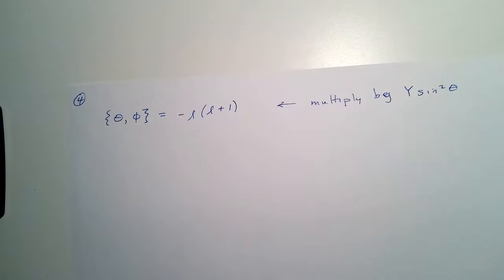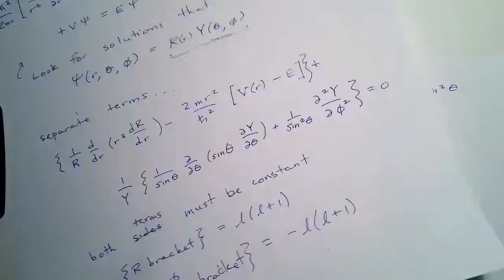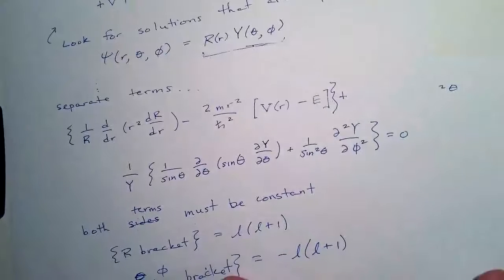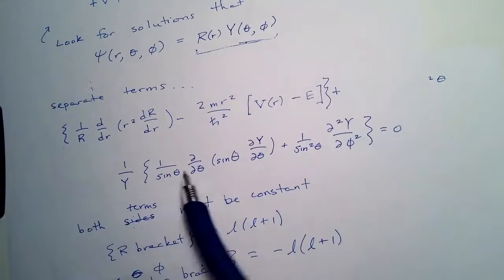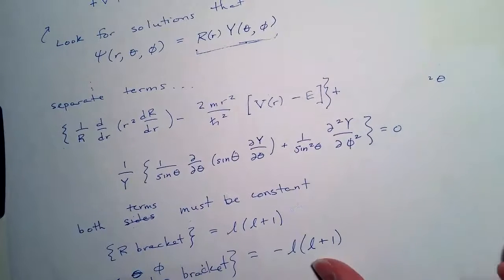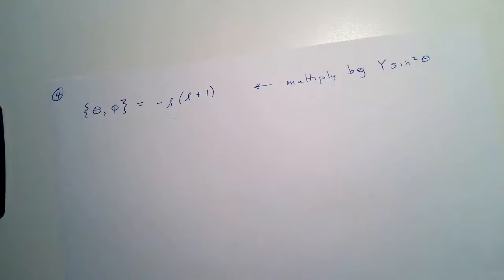Now, if you look at the bracket that we already wrote, so let's go back to that. If we look at this, what's going to happen when I multiply by our function and by a sine squared theta? I'm just going to get rid of some of these fractions on the one side.